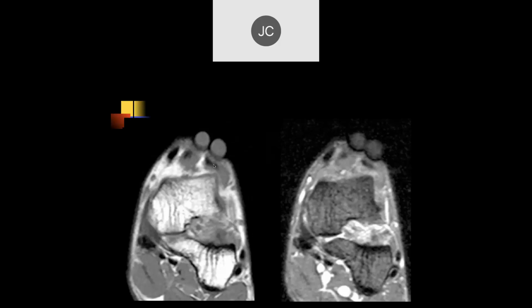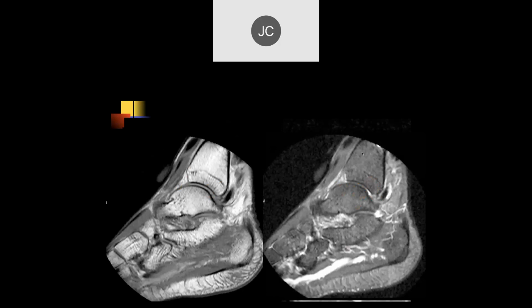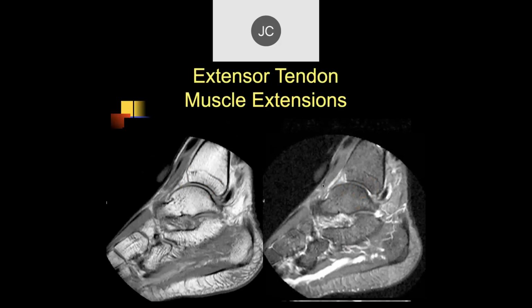It's like an extension of the muscle down along the extensor tendons, and that's what it is. This patient had symptoms right where the markers are, and that's right where the extensor retinaculum is. So the muscle is extending down into a confined space and is being impinged upon by the extensor retinaculum.